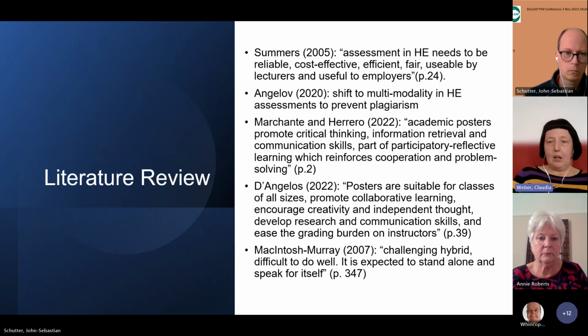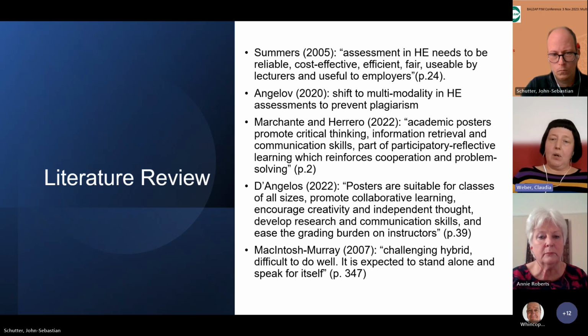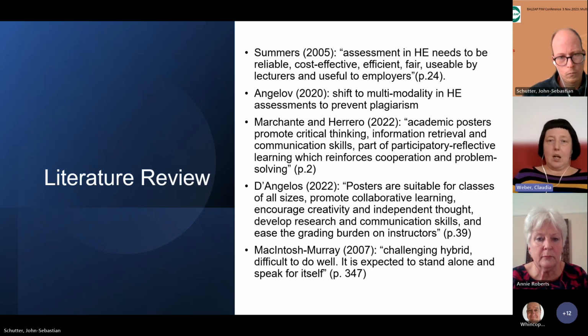So the first one, I would like to mention Summers, who lists a number of criteria that assessment in higher education has to meet.